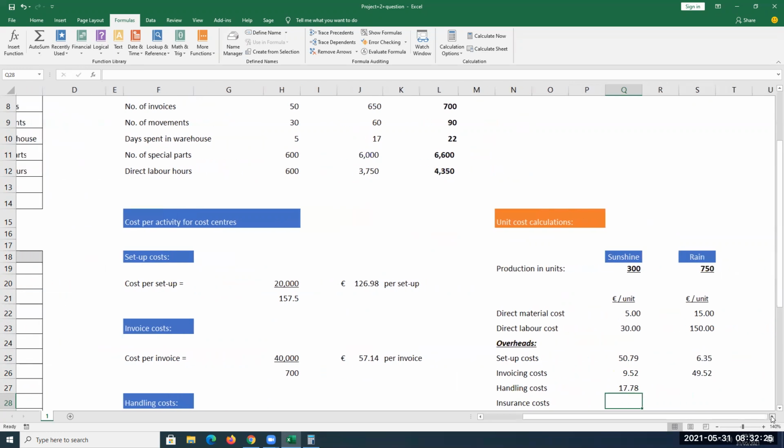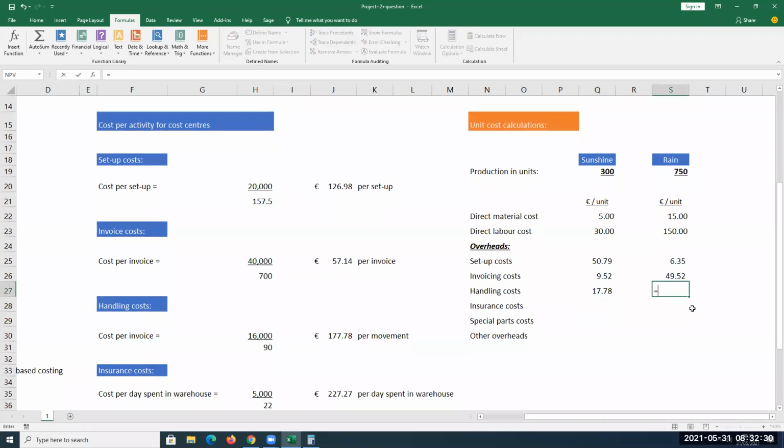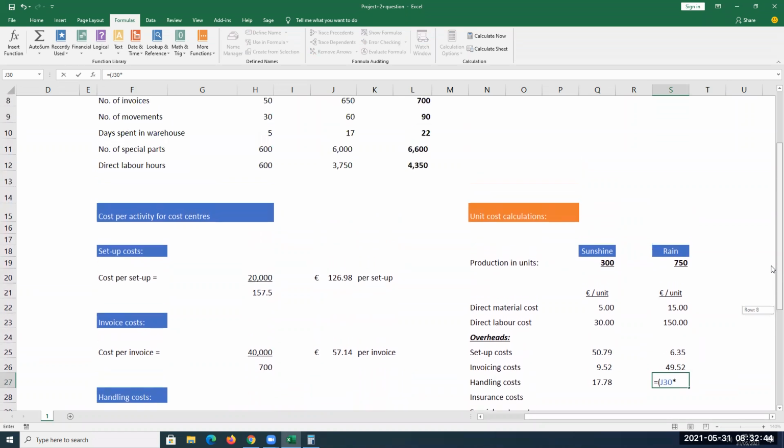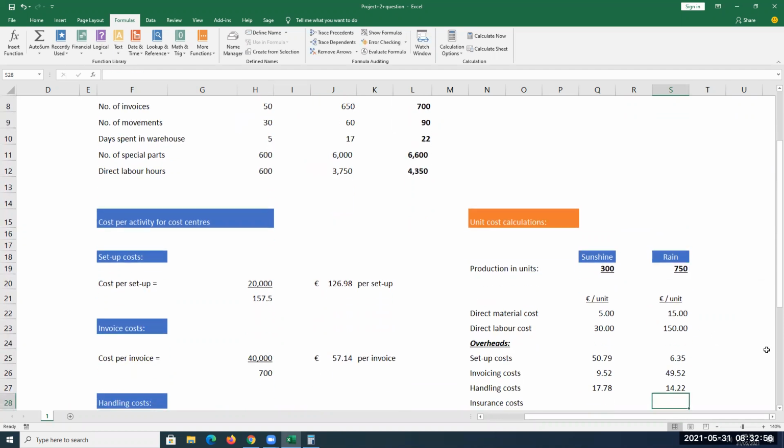And for the other product, for the rain product, handling cost is this figure multiplied by number of movements. So number of movements are 60, divided by number of units 750. So it's 14.22. Okay.